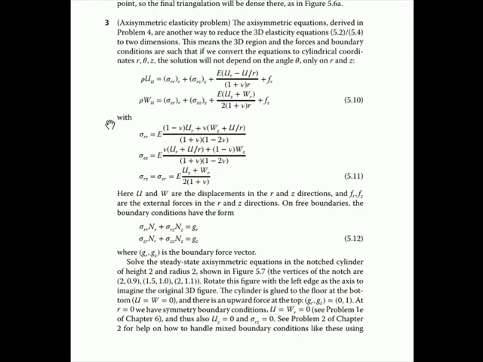Now, problem 3 shows the stress-strain, the elasticity equations in axisymmetric form.